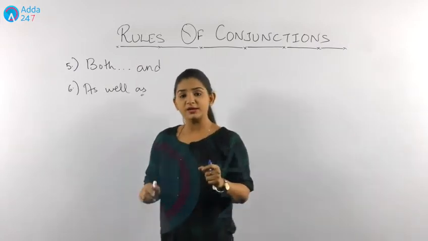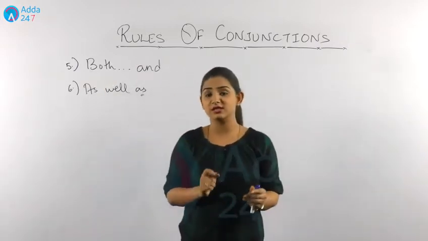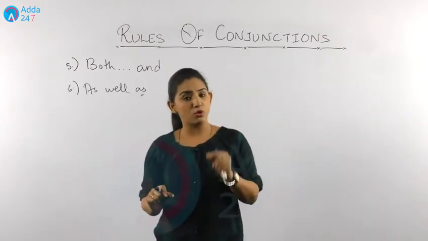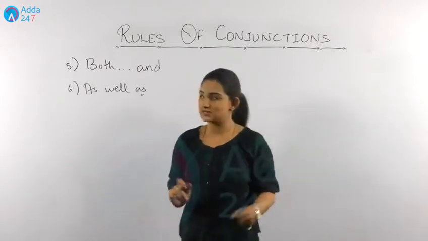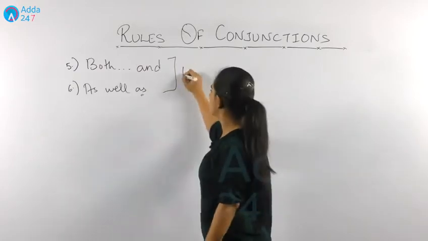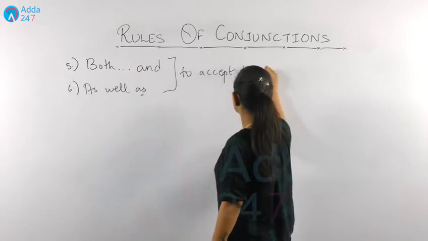Now there will be a condition where both and as well as will be given together in a sentence, and that will be incorrect. You can either use both with and or you can use as well as. But both are used for the same reason, to accept both.